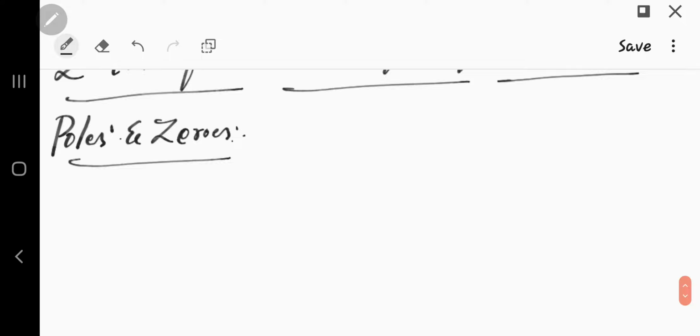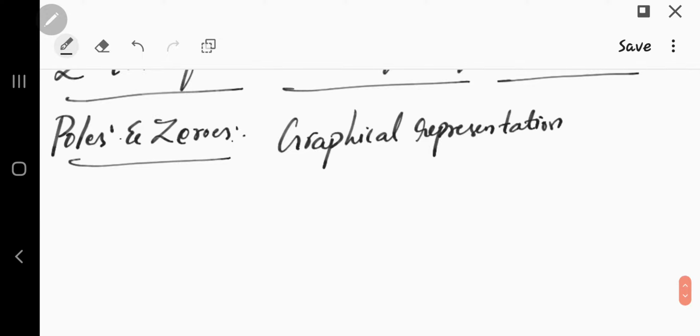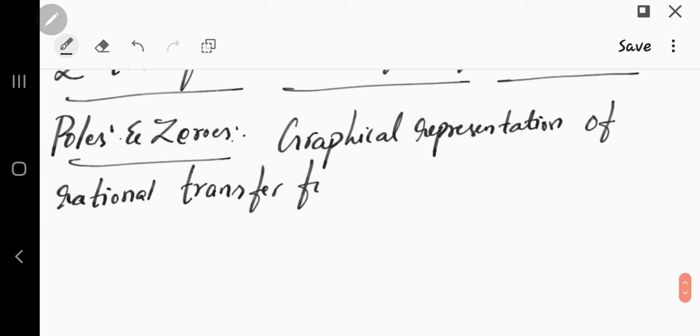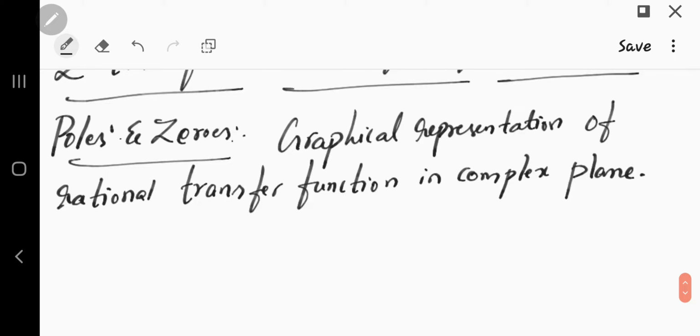Now these poles and zeros, so they will give graphical representation of rational transfer function in complex plane.